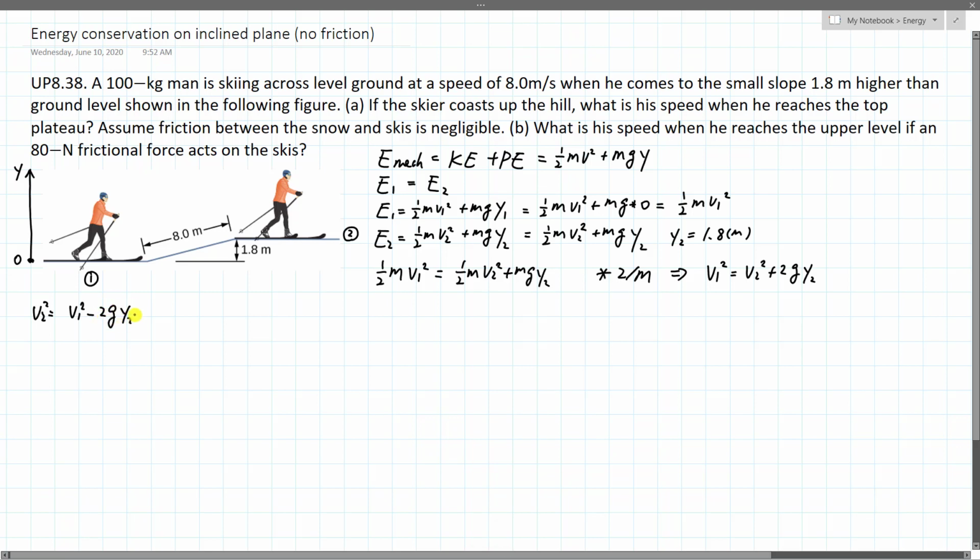So v2 is equal to the square root of v1 squared minus 2g y2. And now I think it's the best time to plug in numbers because we can't really simplify this anymore. So 8 squared minus 2 times 9.8 times 1.8.